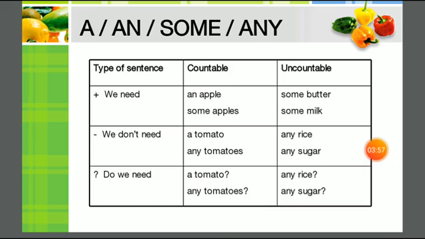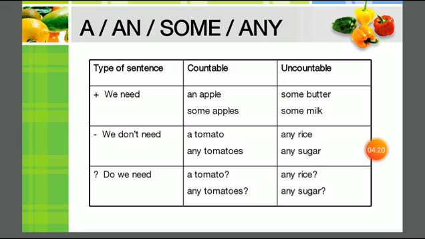We don't need a tomato. A tomato is a countable noun. We don't need any rice. Rice is uncountable. We don't need any tomatoes. Tomatoes are countable. We don't need any sugar. Sugar is uncountable.